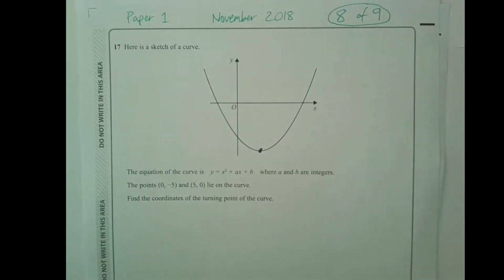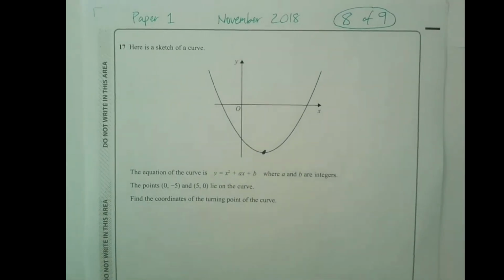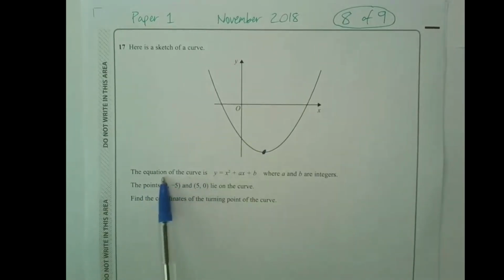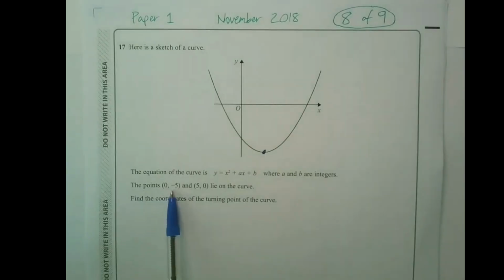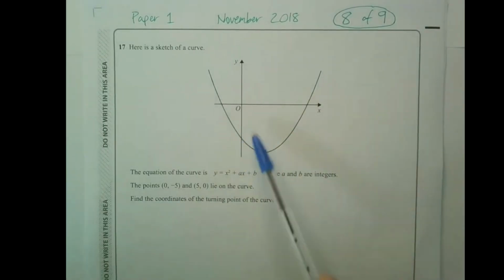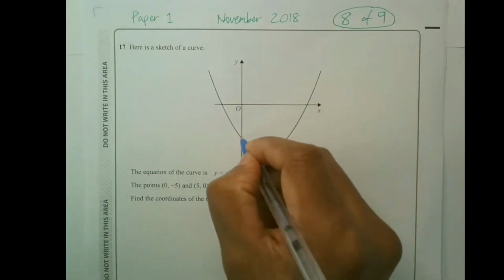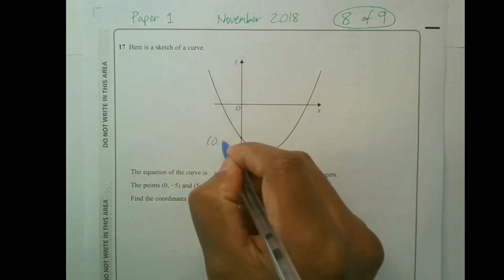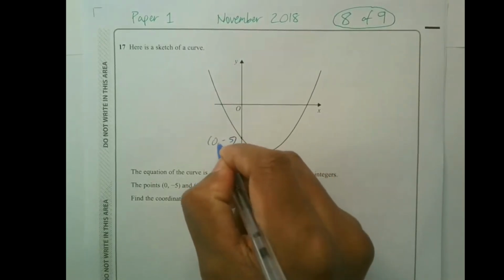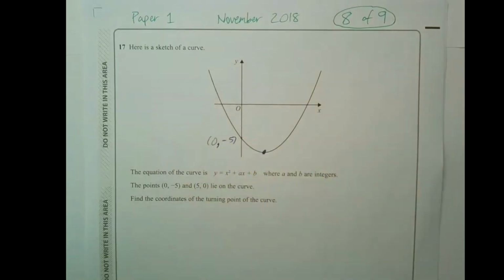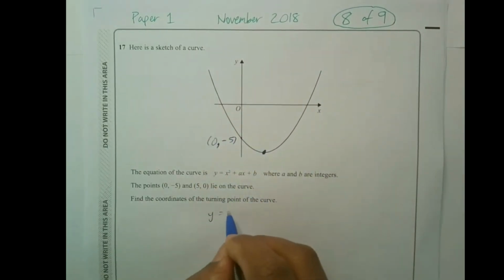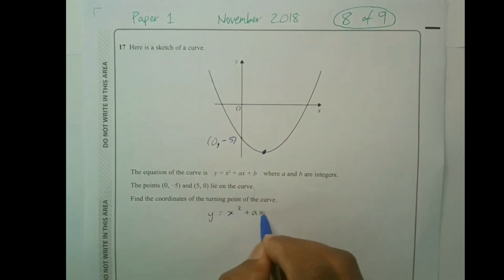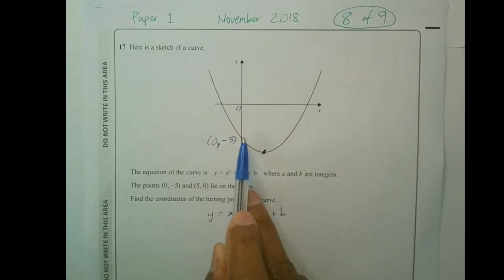All right, so let me reread this and see what I can get. So we've got our equation of a curve, so that's fine. The point 0, minus 5 is here. This is 0, minus 5. So what that means is if I have this equation, y equals x squared plus ax plus b, this is the y-intercept.